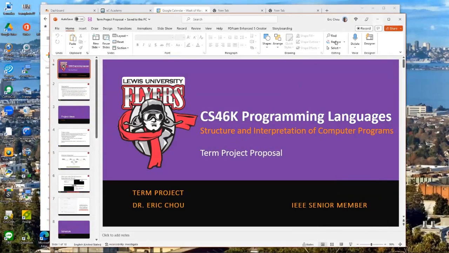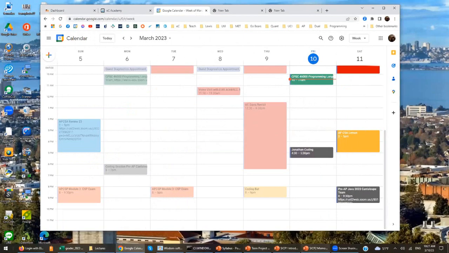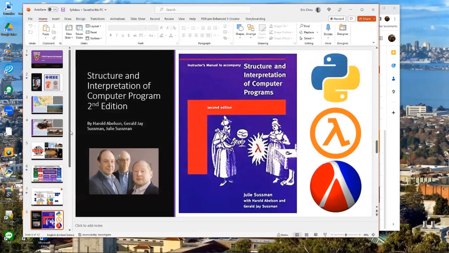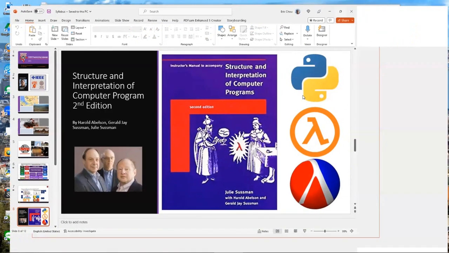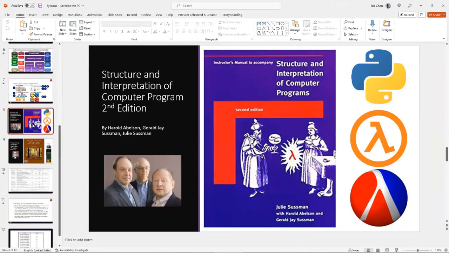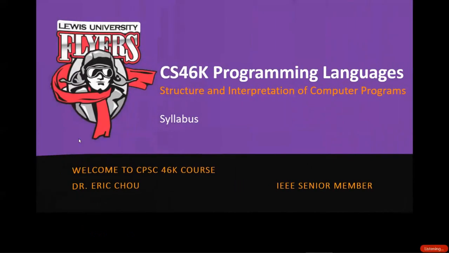So that's the textbook. Usually you don't need to read it, it's just for your reference in case you need it. I suggest the Python version or the JavaScript version.